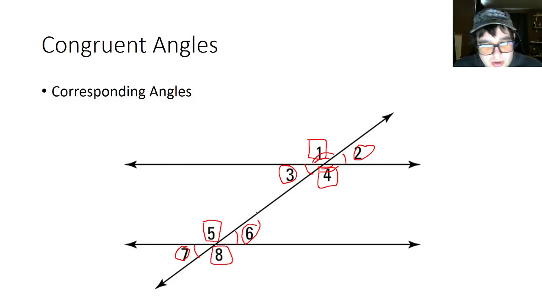Now I want you to think really quick. We have 8 angles. When we deal with congruent angles with the situation of parallel lines cut by transversal, we have 2 different angles.